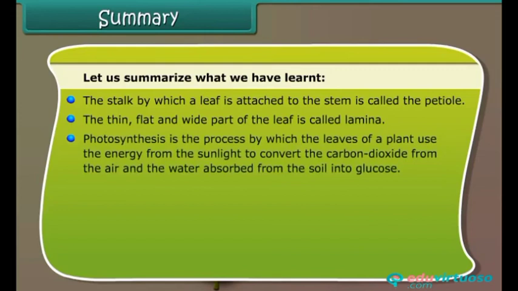Then we have learned about photosynthesis. Photosynthesis is the process by which the leaves of a plant use the energy from the sunlight to convert the carbon dioxide from air and the water absorbed from the soil into glucose. So, by combining carbon dioxide and the water from the soil, by absorbing sunlight, glucose is formed in the leaves.